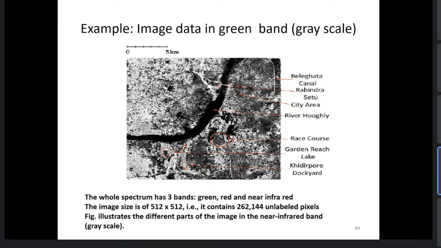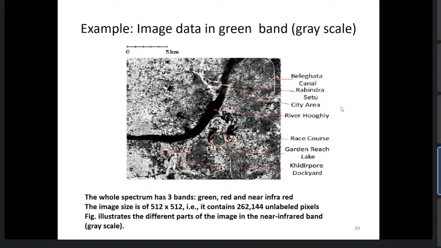Actually it has 3 bands, as I already told you, but only the green band is taken and converted to an image. Here the region is given. We need to see the image visually so that we can understand the areas covered.